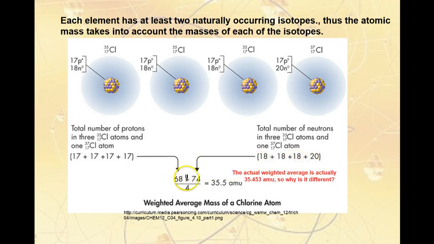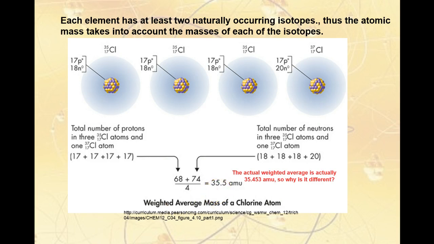And so if we add up the number of protons and the number of neutrons and then divide by 4 for each of the 4 atoms, we get a weighted average of 35.5. So why is it different than what's on the periodic table? If we looked at the periodic table, we would see that the atomic mass for chlorine is actually 35.453. So why here is it a little bit larger?